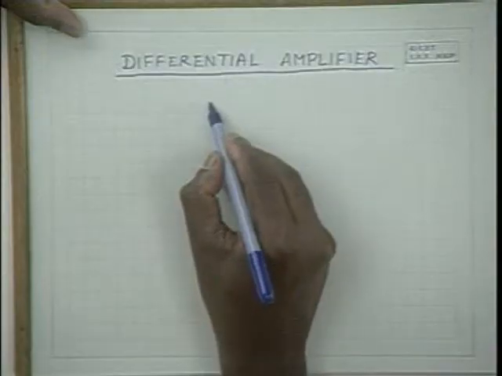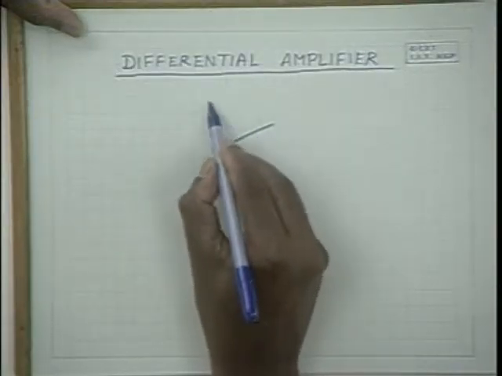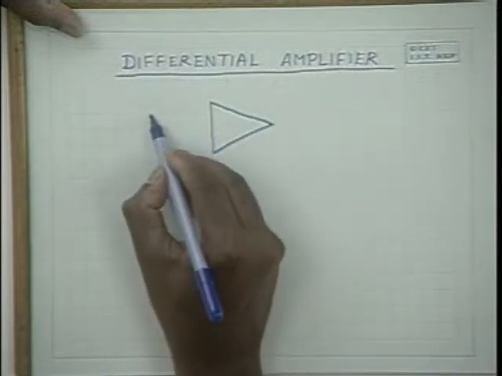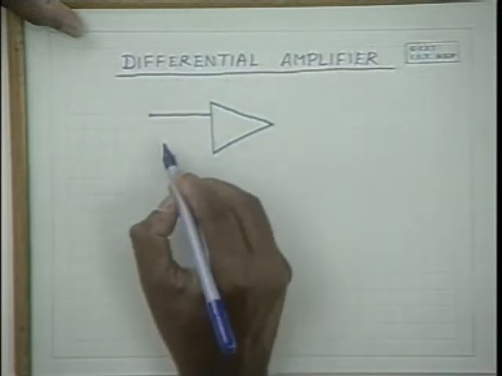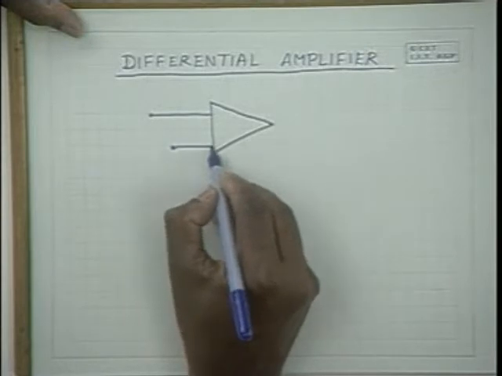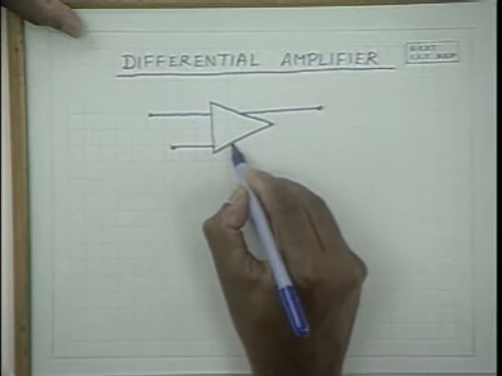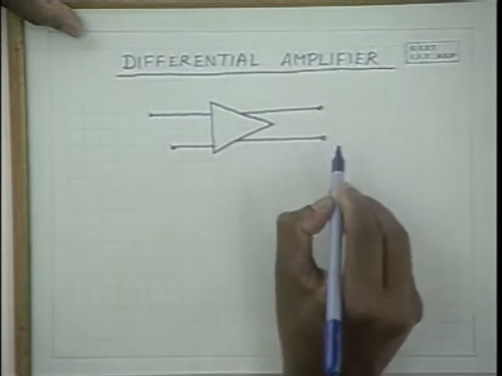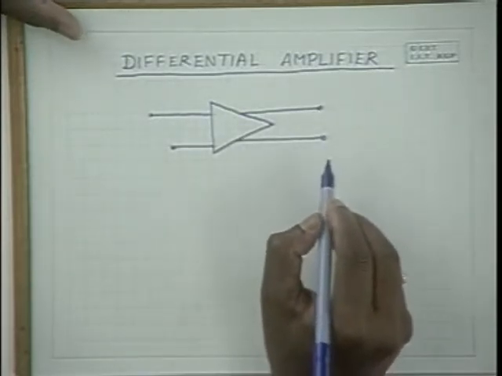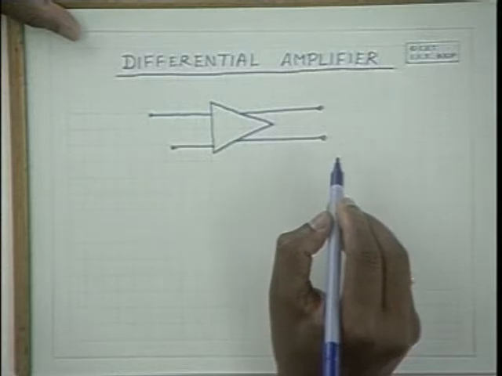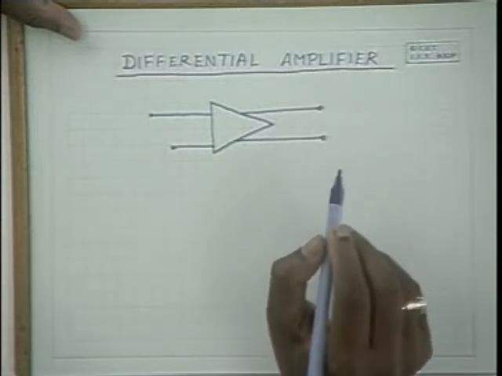So basically, a differential amplifier has two inputs, and it can have two outputs, out of which you may use one of them in practice.